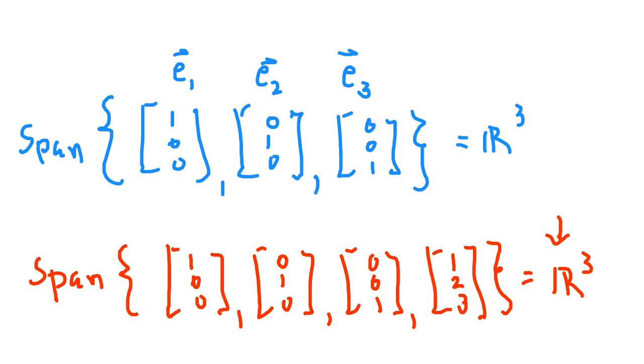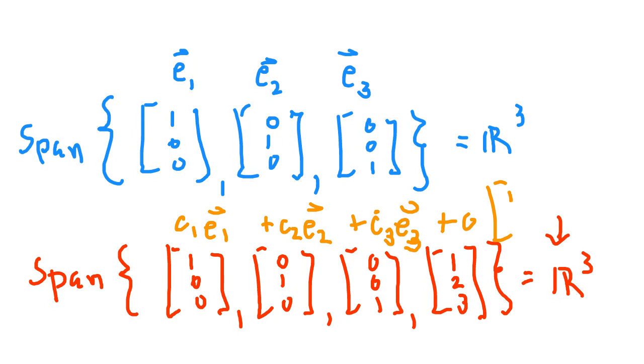Okay. And in fact, what would the linear combination be? Well, it could be C1E1 plus C2E2 plus C3E3 plus 0 times that last vector, right? See how that works?